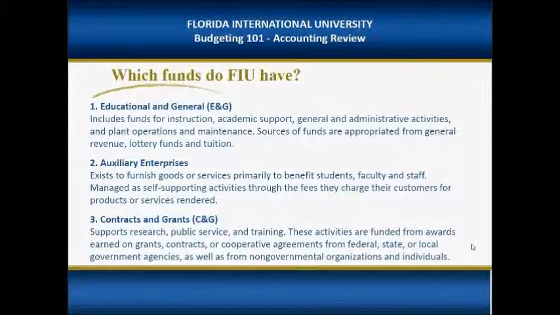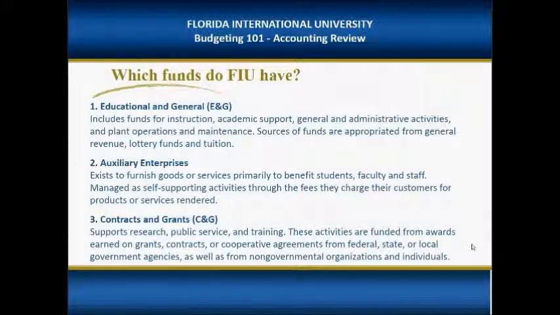Our next category is auxiliary enterprises. Auxiliary enterprises are goods and services that are provided primarily to benefit students, faculty, and staff, even though you can sell or provide goods or services to the general public as well, incidentally. They're managed as self-supporting activities, very important, through fees that they charge their customers for products or services.